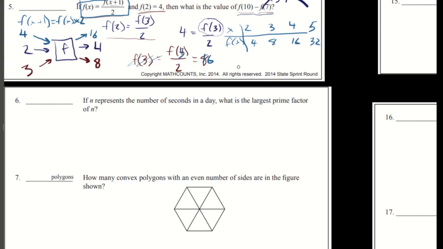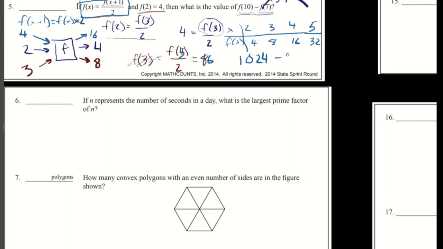Okay, so what do you think f of 10 minus f of 7 is going to be? It's going to be 1024 minus... Wait, no, that's not right. Sorry.